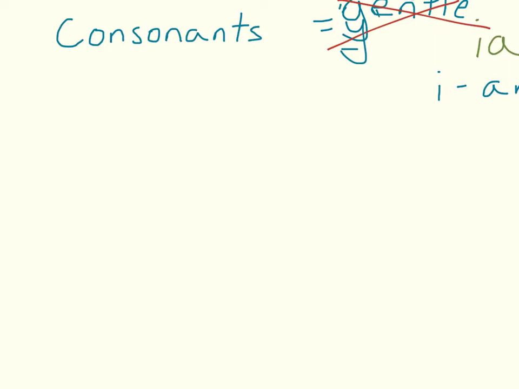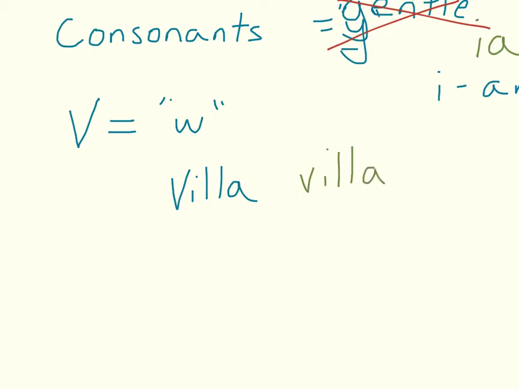And then finally, the last consonant that really deserves some focus is the letter V, which in Latin is going to be pronounced like the letter W. We have our word in English, villa, which is a big house. This is actually a Latin word, and it's spelled the same exact way, although you'd never pronounce it with a V sound.